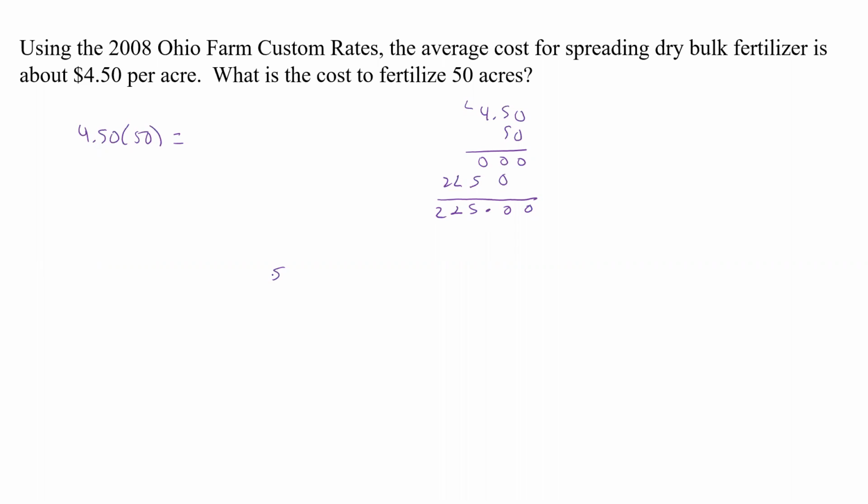So it looks like it's going to cost $225 for the 50 acres. Okay. And again, you just have to use what's given and see what works. And in this case, it's so much per acre times so many acres will give us the total cost for those 50 acres.